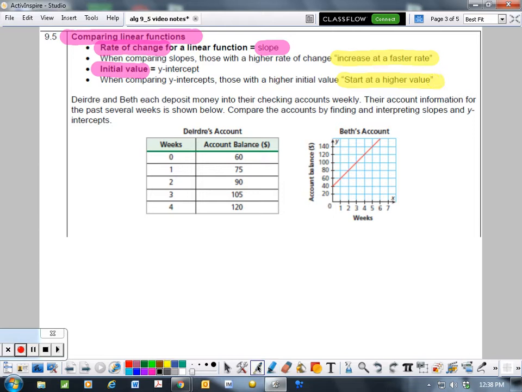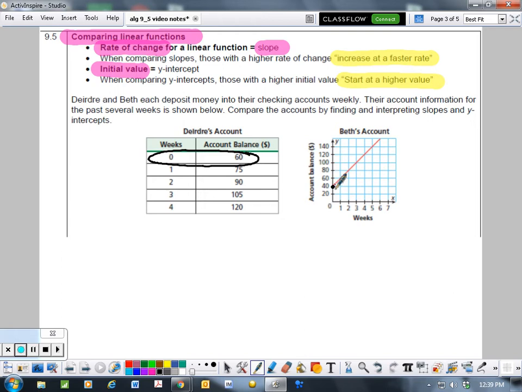So in our problem here, we have Deidre and Beth each deposit money in their checking accounts weekly. Their account information for the past several weeks is shown below. Compare the accounts by finding and interpreting slopes and y-intercepts. So let's look here. Our y-intercept here is 60, and our y-intercept here is 40.